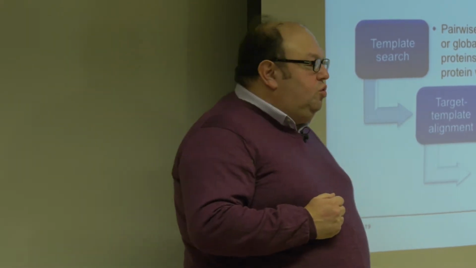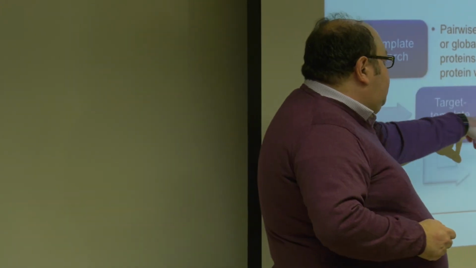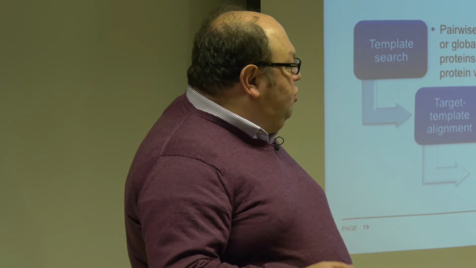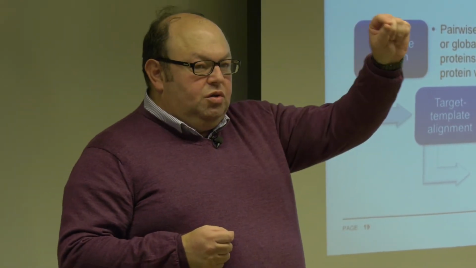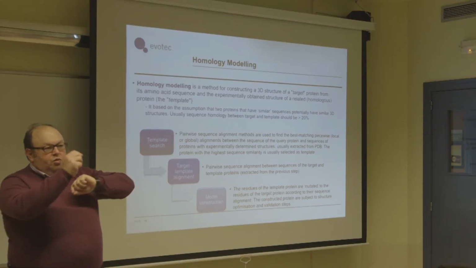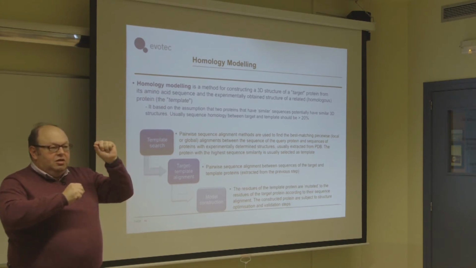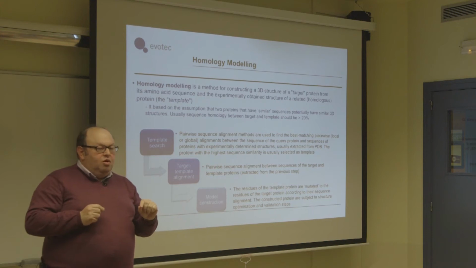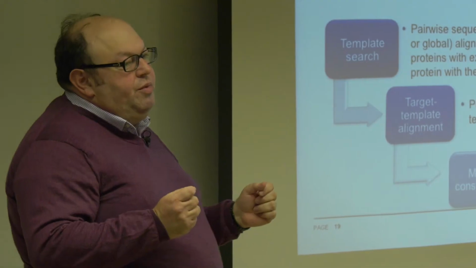So what do you do next? The next step comes practically directly from the first stage. You already have the sequence alignment. And what you do, you replace the residues of your template with the residues of your target protein, followed by optimization.